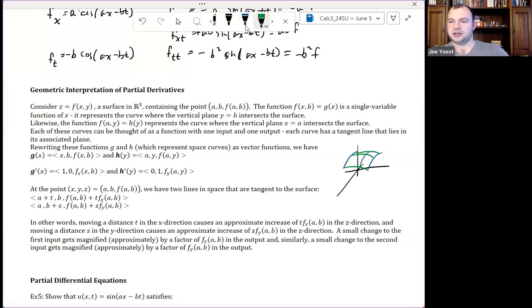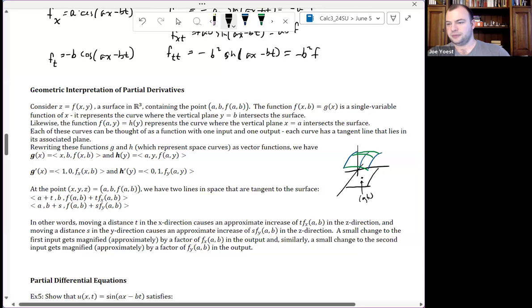So we have a surface here that's above, say, a domain, and this domain is where the point (a, b) lives. And this point up here, I missed my mark a little bit, I wanted it to be at that crosshairs, but this point up here is the point (a, b, f(a,b)), which is the associated z value.